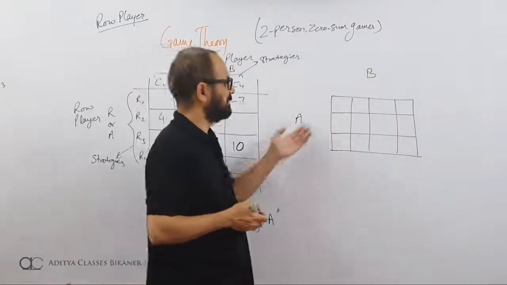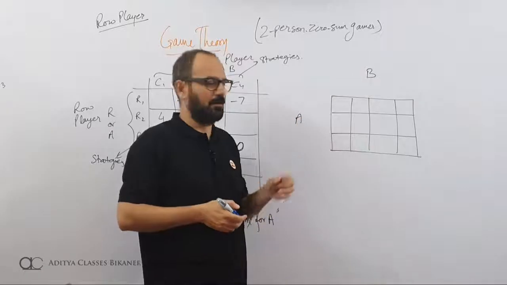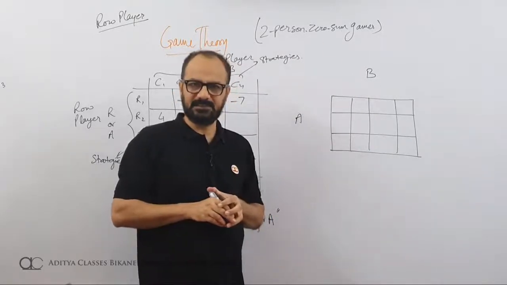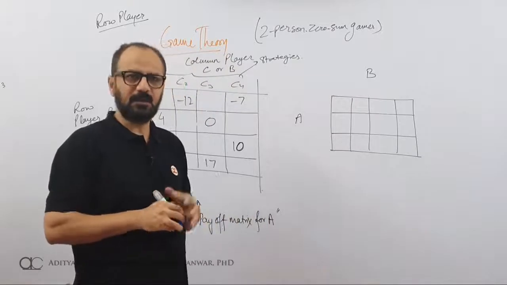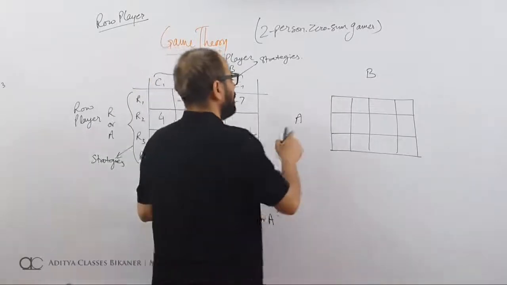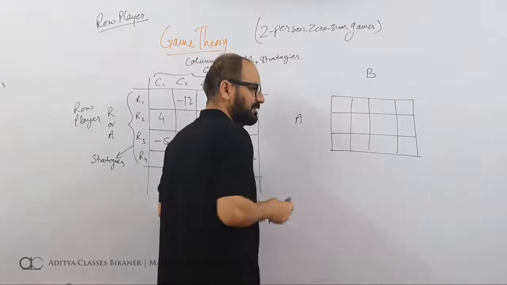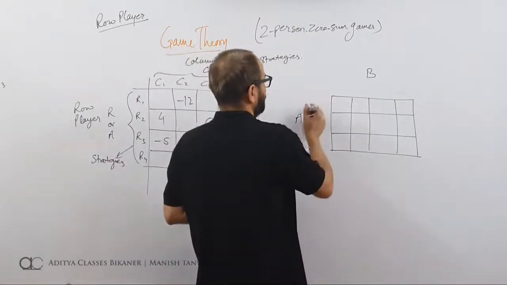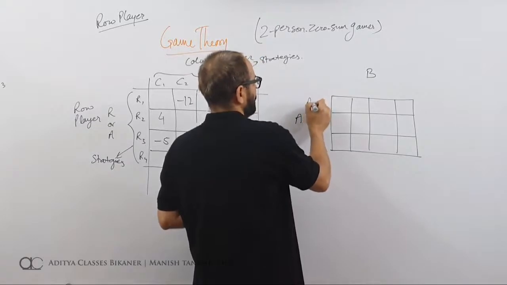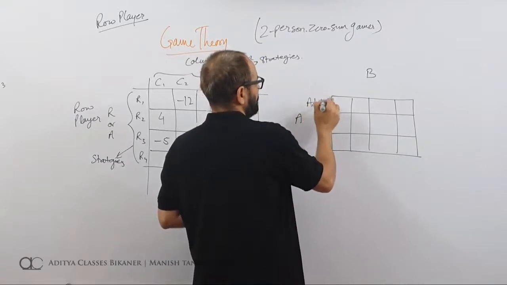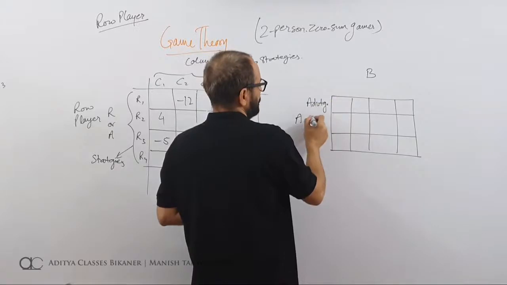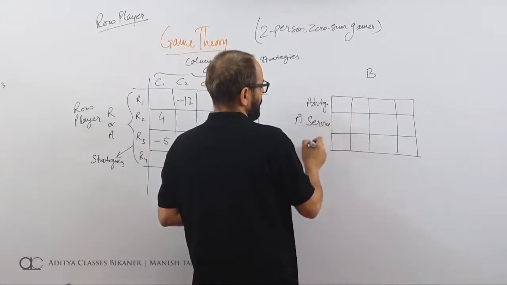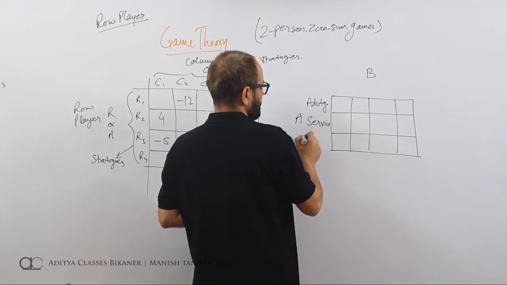Let's say these are Pepsi and Coke, or maybe Samsung and Apple, anybody. Now, A is exploring strategies that it can implement in the market. A ponders over these strategies: advertising, services, after sale service, and maybe dealer network.